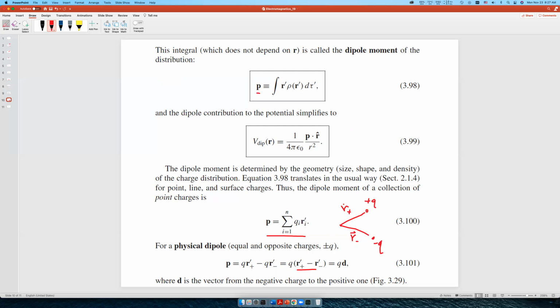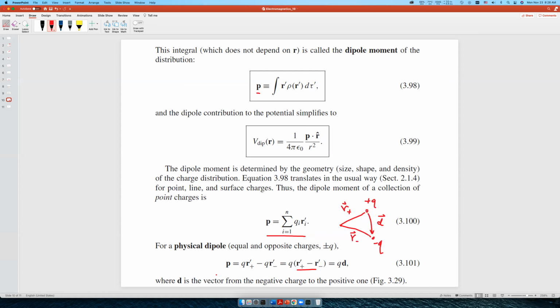Of course, they are all vectors, then r plus subtracted by r minus becomes this vector, and we define this as d.